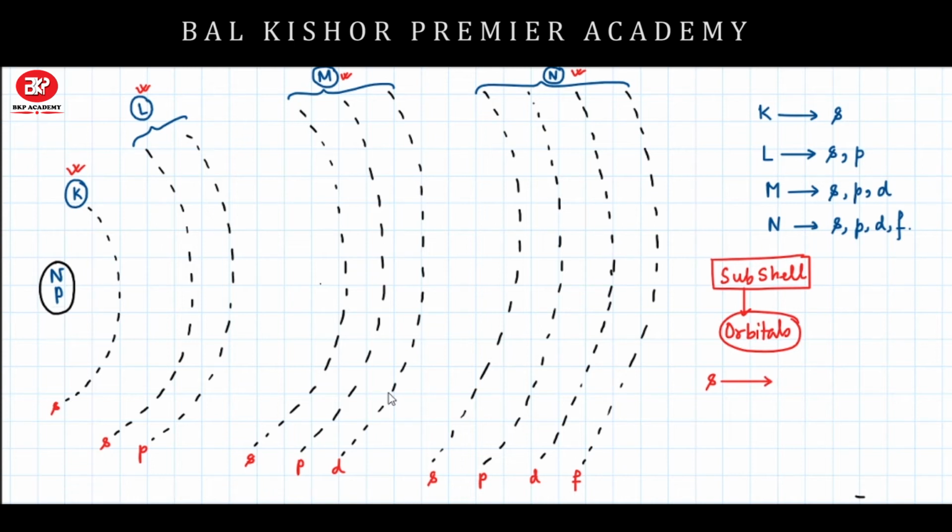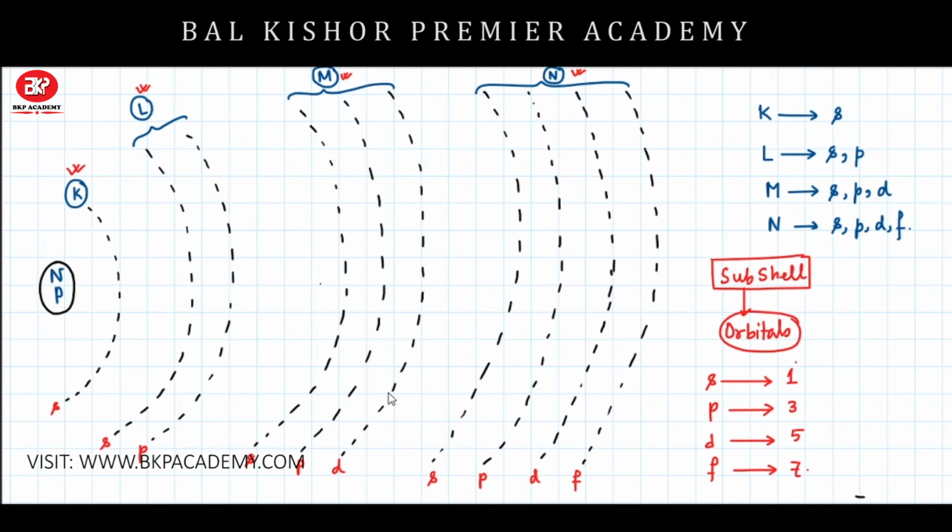Inside the s subcell, the number of orbitals will be 1. If we have a p subcell, the number of orbitals will be 3. If we have a d subcell, then the number of orbitals will be 5, and if we have an f subcell, then the number of orbitals will be 7.